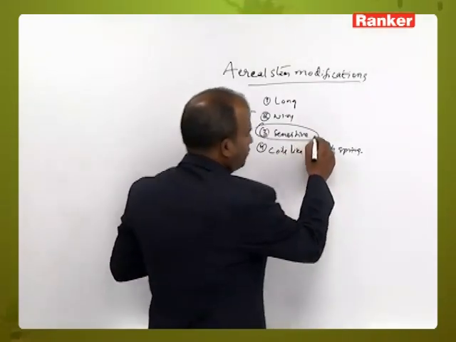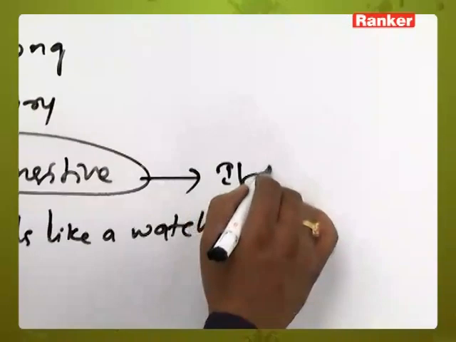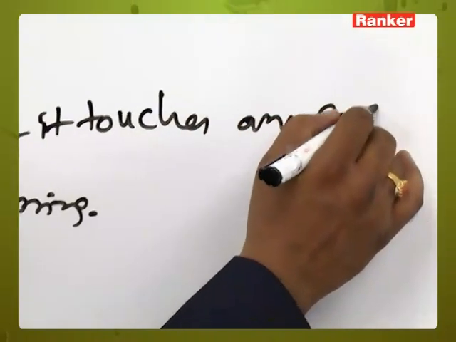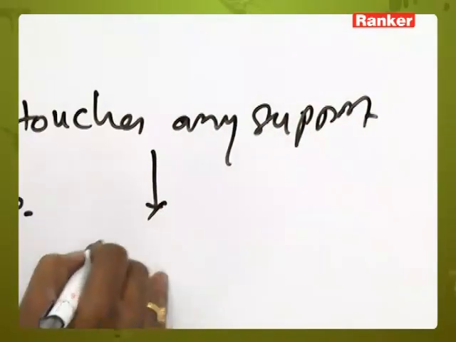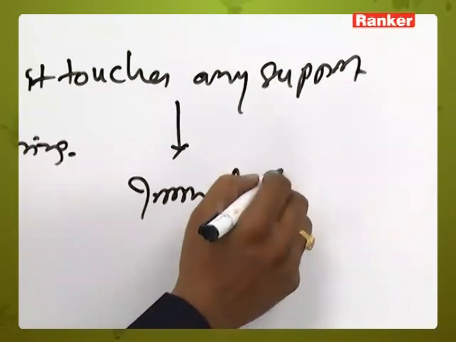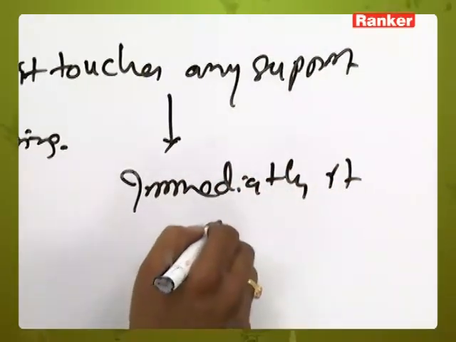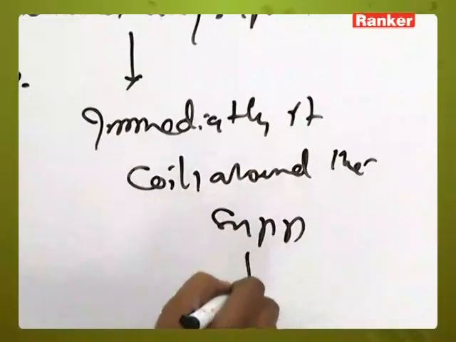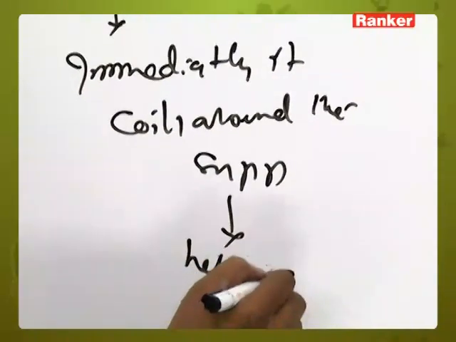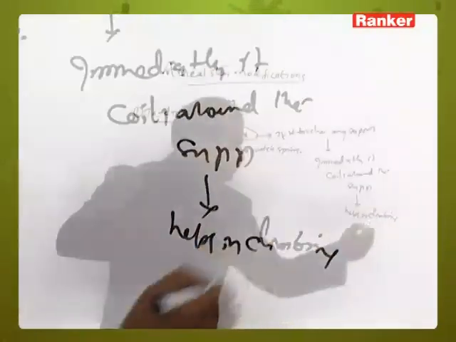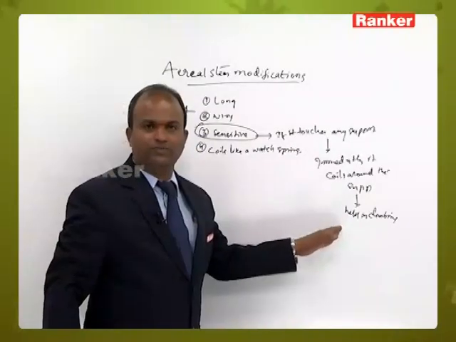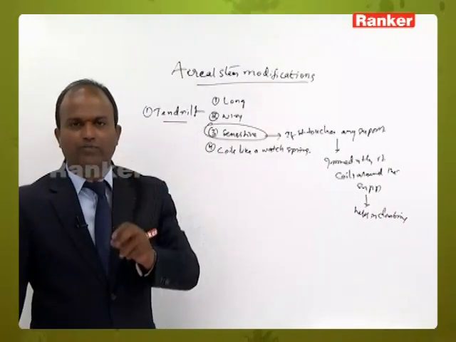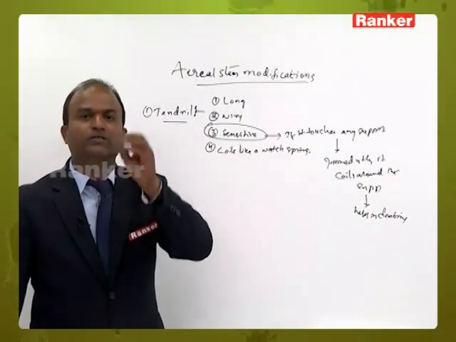That means as it is a sensitive structure, if it touches any support, immediately it coils around the support and helps in climbing, due to which the plant can receive sufficient sunlight and prepare its own food materials by the process known as photosynthesis.